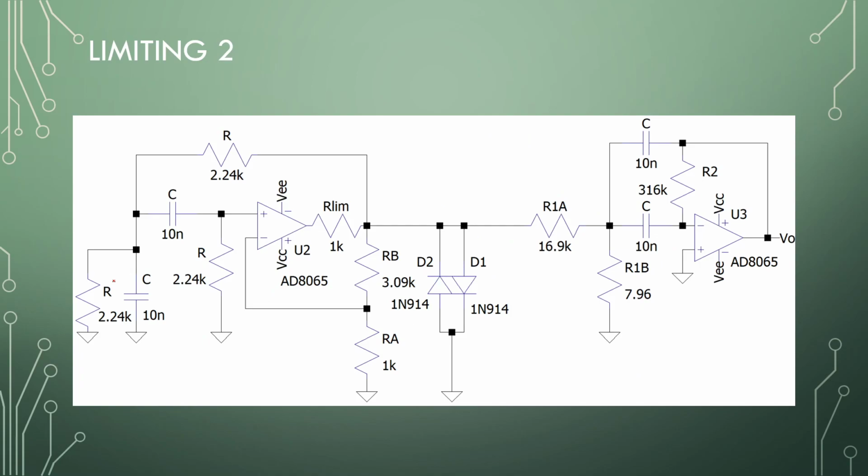The second technique is not really limiting: it is to take this filter and limit its output to the diode voltages. So one limiting resistor so that we don't burn out our diodes, and the output here will be limited to plus minus 700 millivolts.